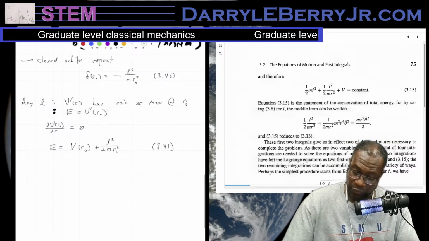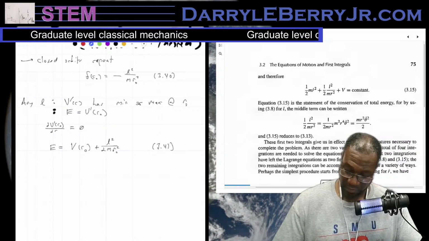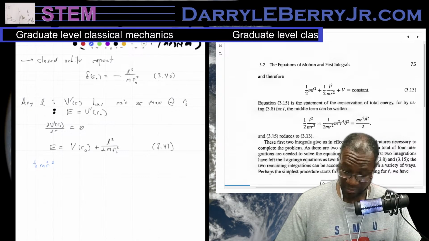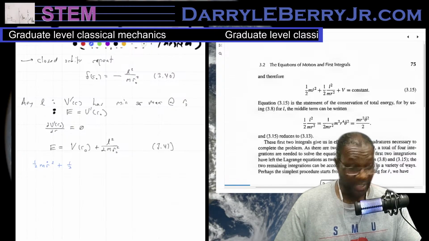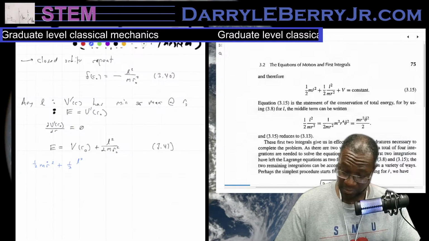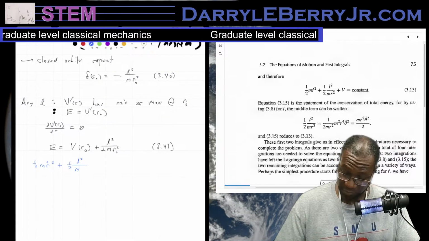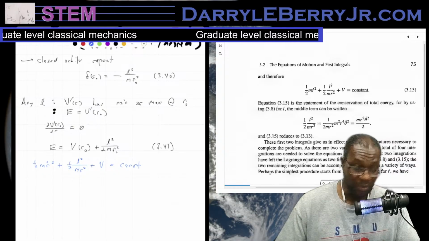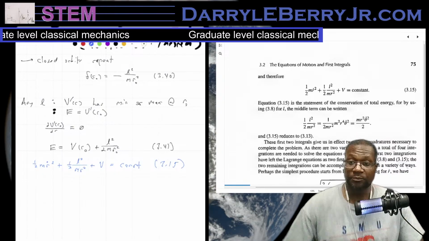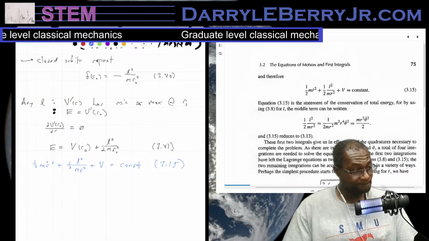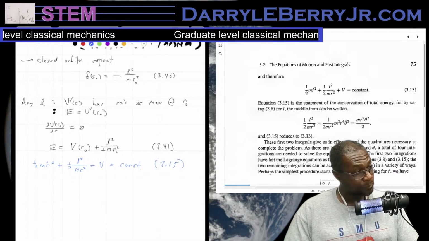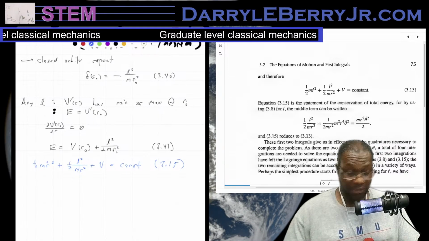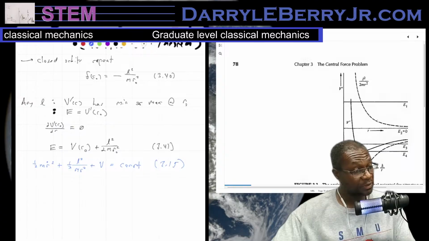So 3.15 is one half m R dot squared plus one half L squared over m R squared plus V equals constant. That's 3.15.